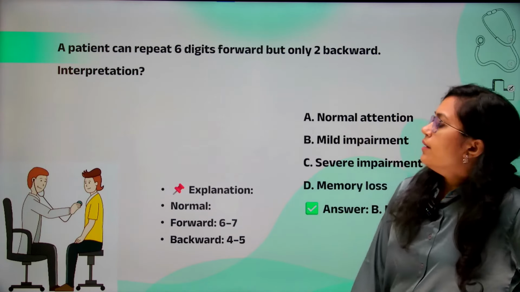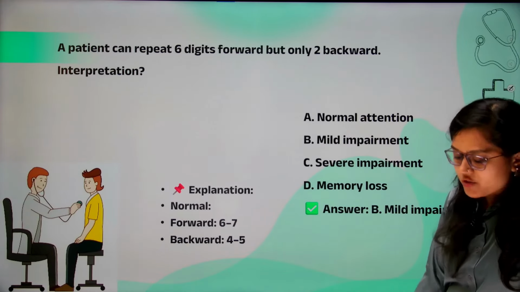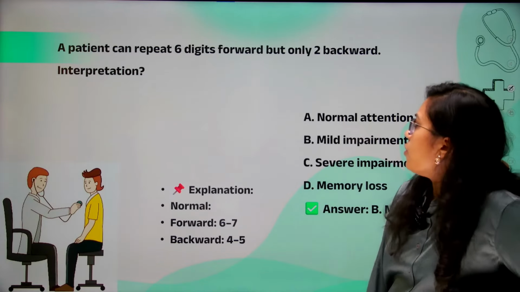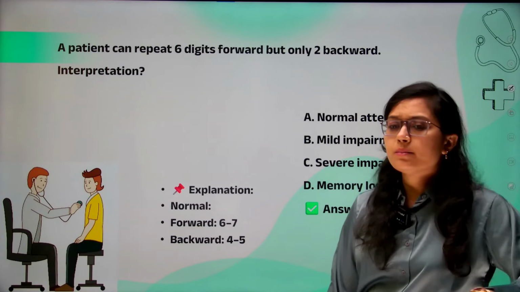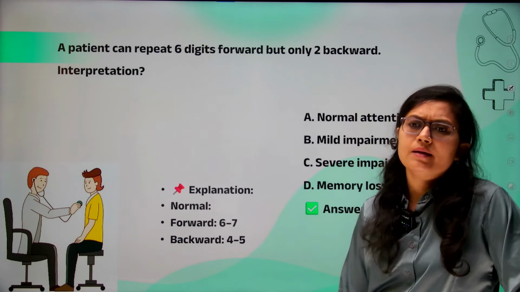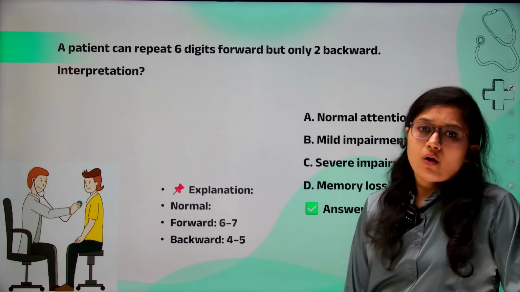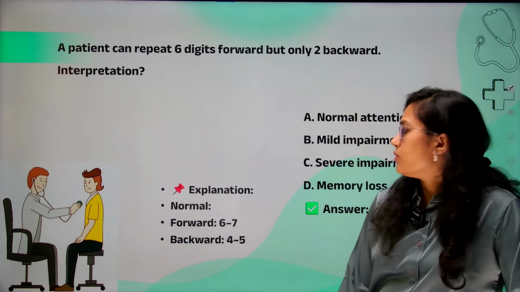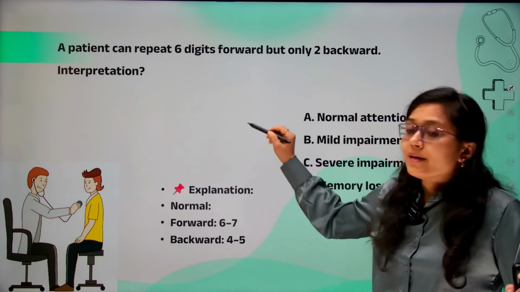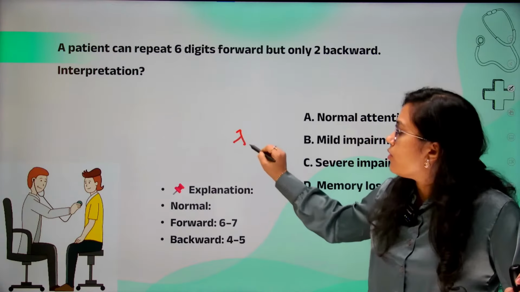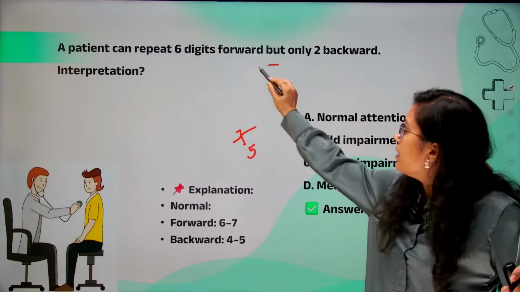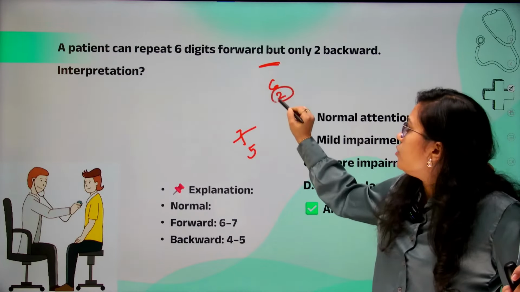Okay. The next question. A patient can repeat 6 digits forward but only 2 backward. The interpretation options are normal, mild impairment, severe impairment, moderate impairment or memory loss. What was there in our digit span? 7 forward, 5 backward. What is this? 6 forward, only 2 backward.